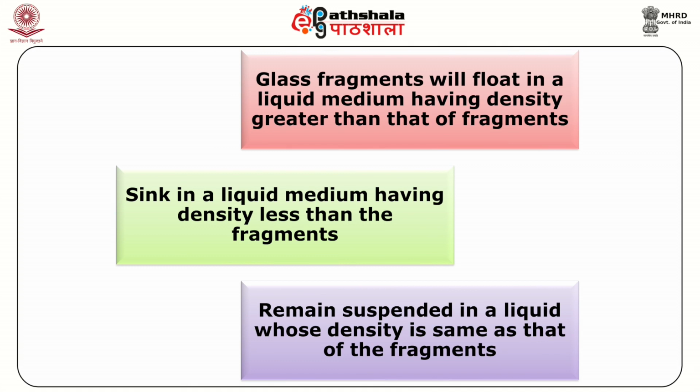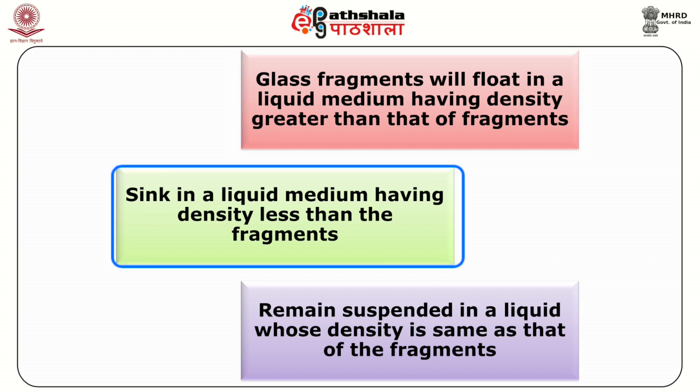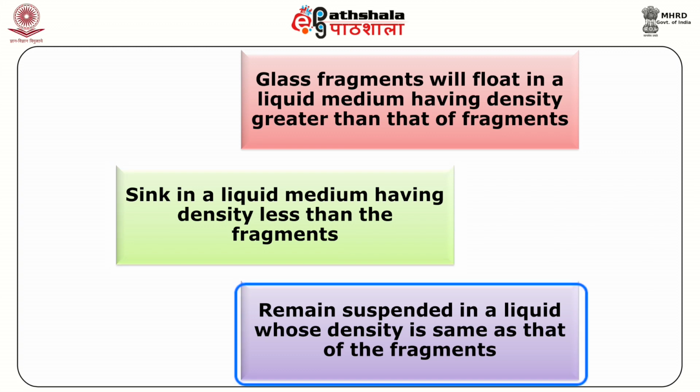Both the methods are based on the fact that the glass fragments will float in a liquid medium having density greater than that of the fragment, while they will sink in a liquid medium having density less than the fragments. But they remain suspended in a liquid whose density is the same as that of the fragments.